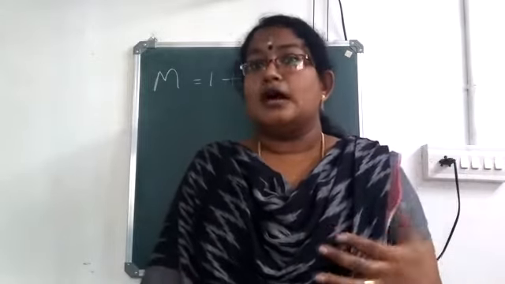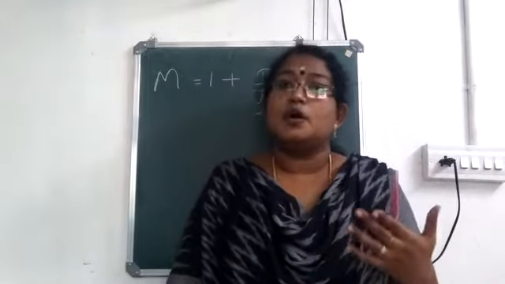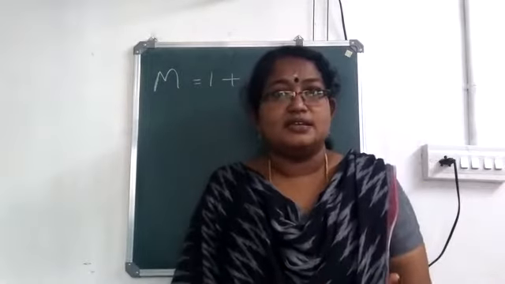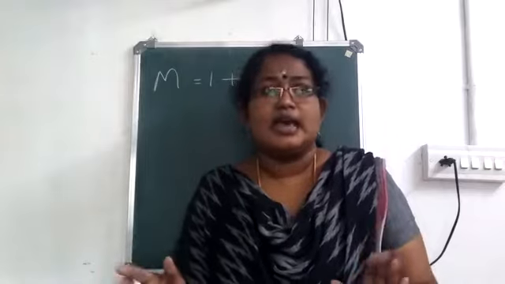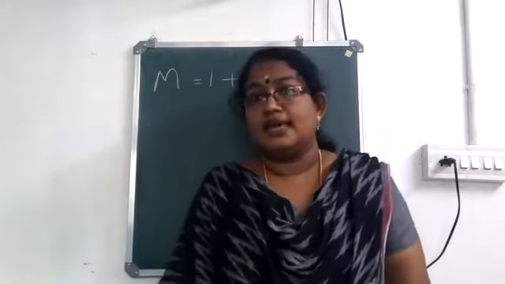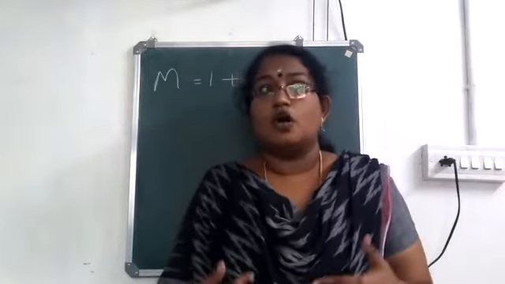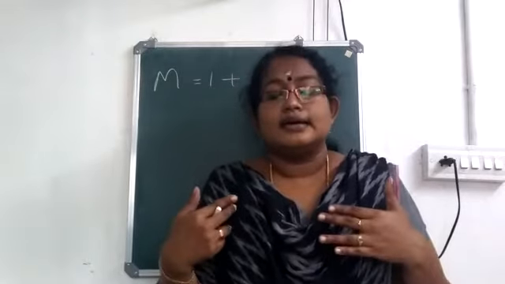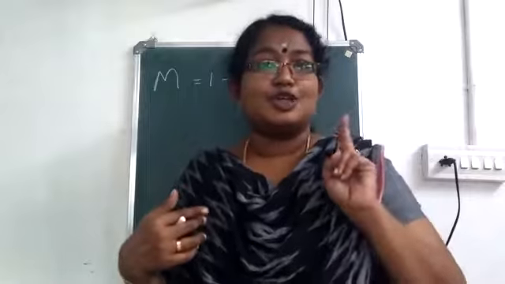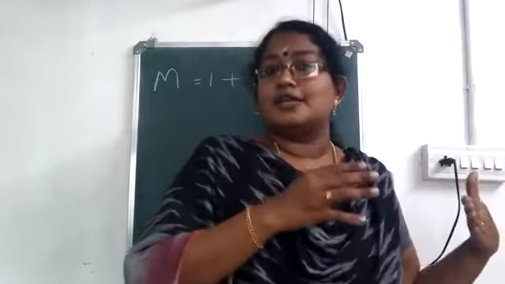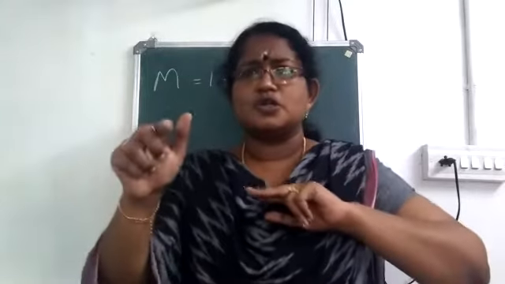Now the next one is about the applications of lenses. There are many applications of lenses, either convex or concave. When you speak about the convex lens in the telescope, camera and so on, we have two lenses. One is known as the objective and the other is known as the eyepiece. We are not going to learn about that in detail.